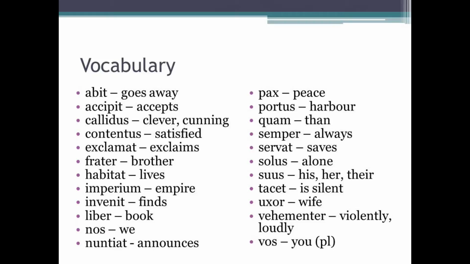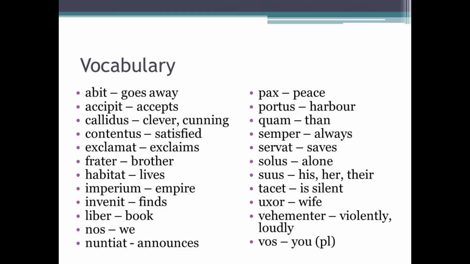Habitat, lives. Imperium, empire. Invenit, finds. Liber, book. Nos, we. Nuntiat, announces. Pax, peace. Portus is a harbour.